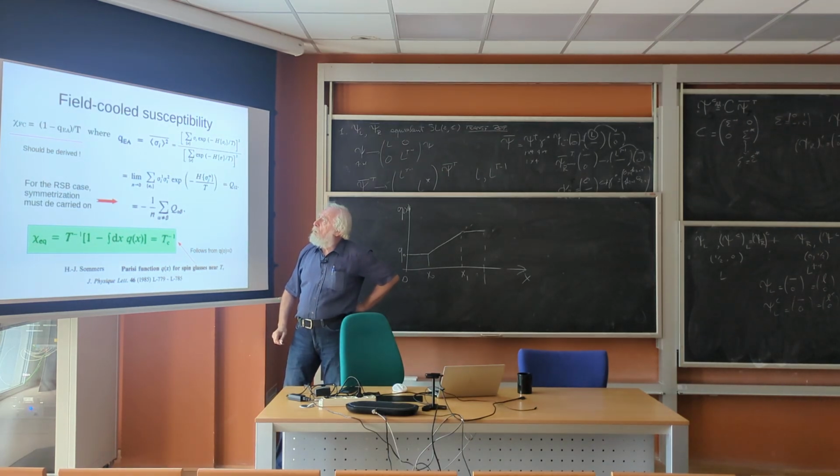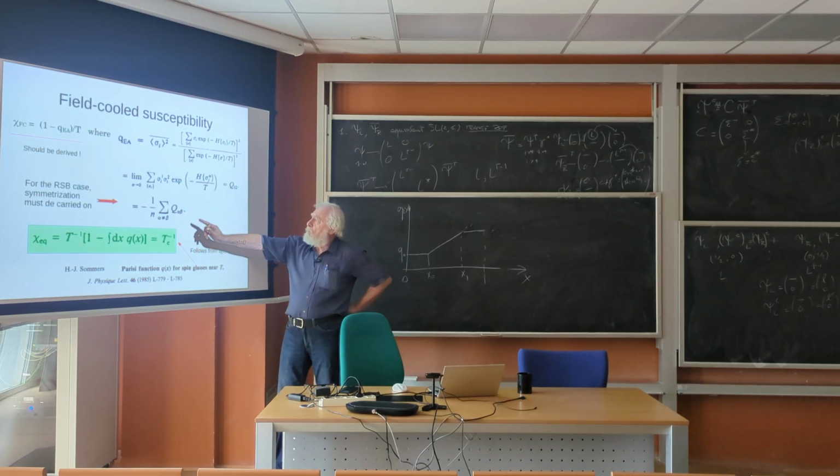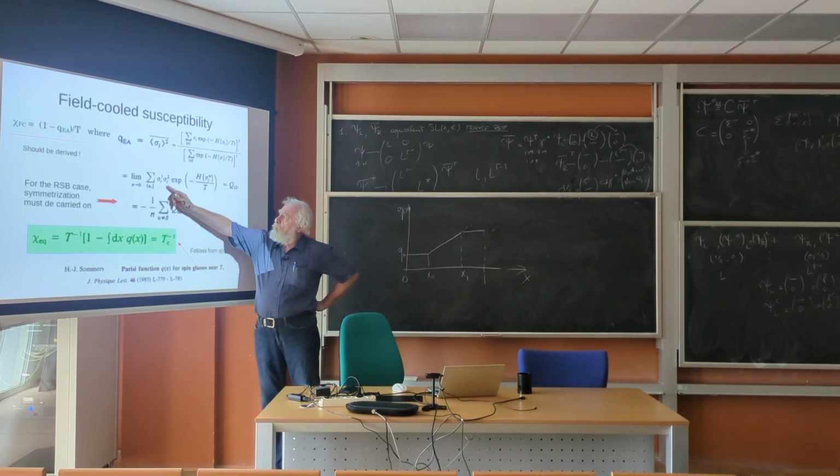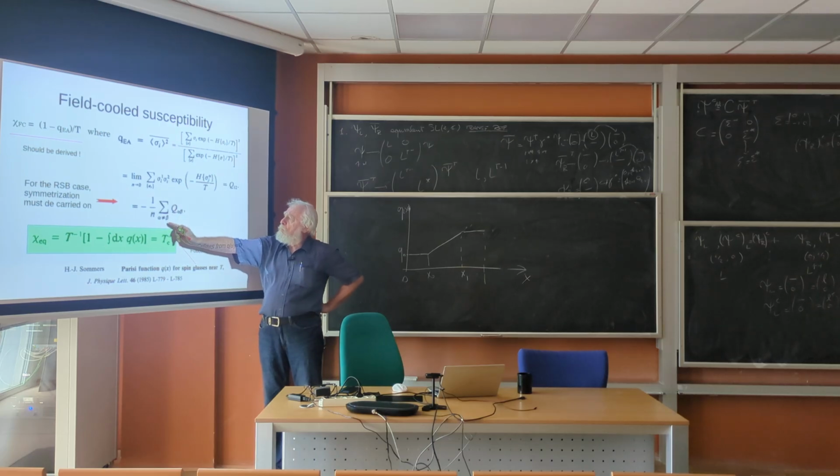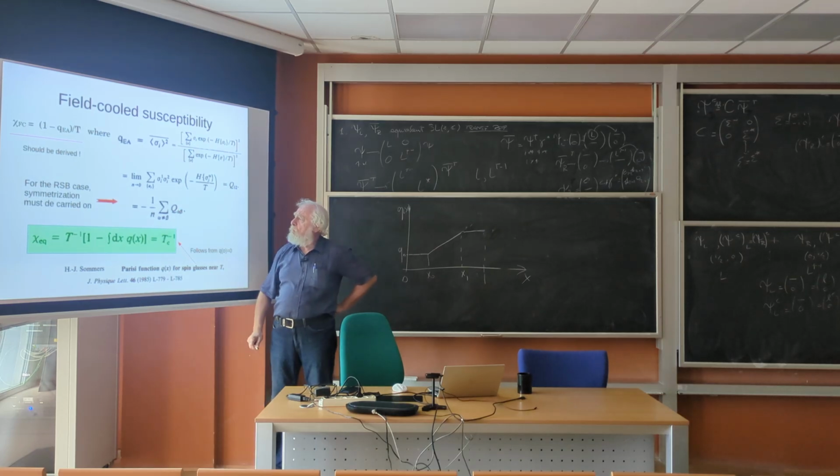Of course, when we use replica symmetry breaking, we need to consider a symmetrized expression. You can derive the expression for this q introducing two different replicas, but then you need to make symmetrization. So instead of this expression, you will come to such a sum of all q alpha beta divided by n.